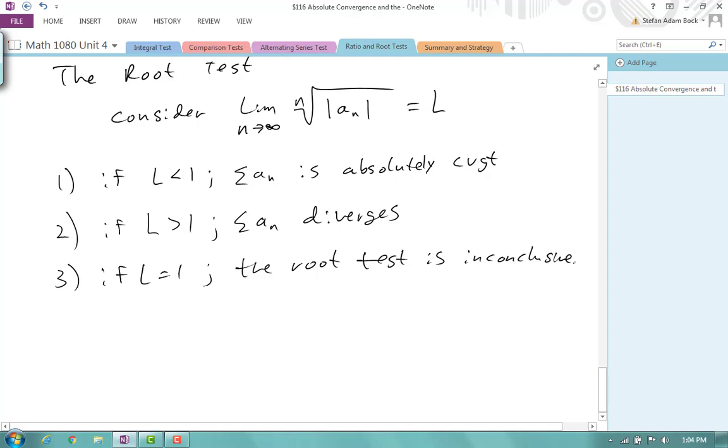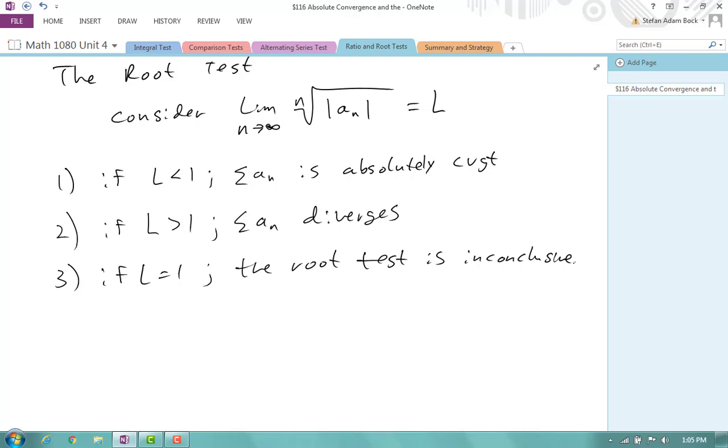Now, unfortunately, just like the ratio test, things that the ratio test is inconclusive on, the root test will also be inconclusive on. The root and the ratio tests kind of go hand in hand, and they're mostly interchangeable except for a few cases. But if you have a series and you can use both the root test and the ratio test, they will both give you the same results.